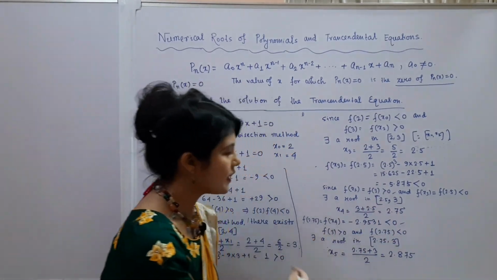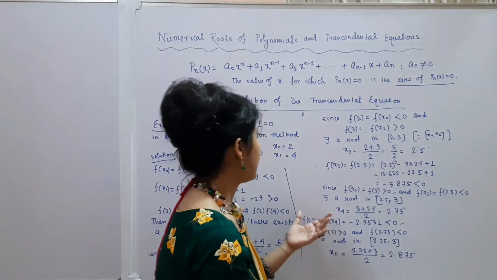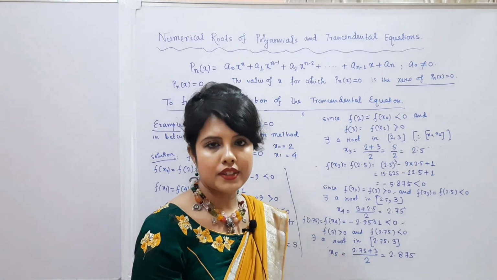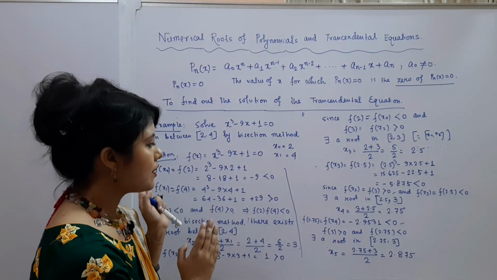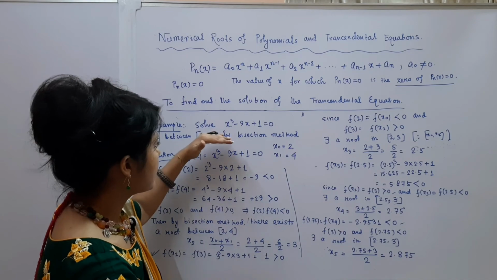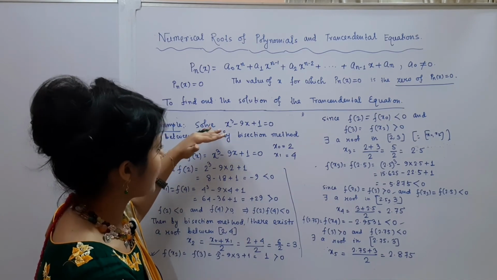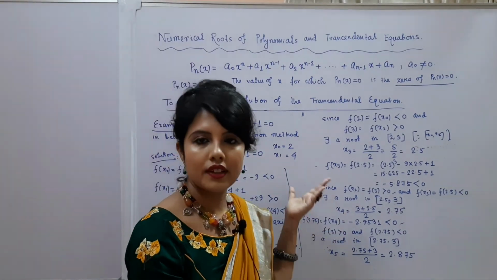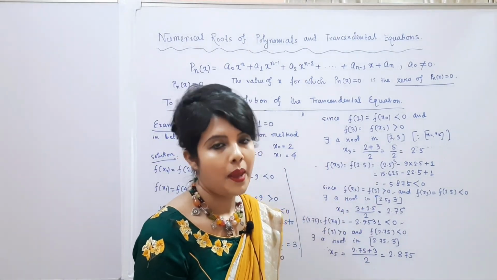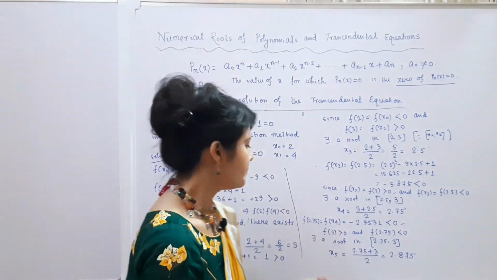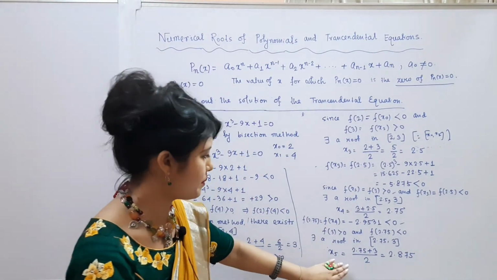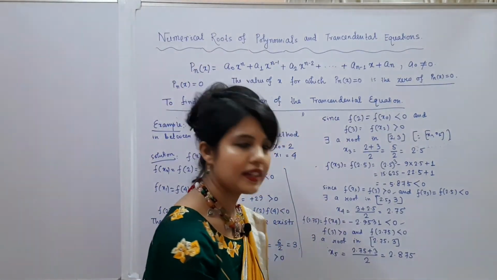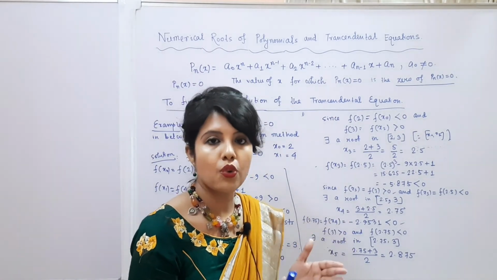I continue the process again and again, and in the question the number of steps should be mentioned, maybe up to 4 steps, maybe up to 5. Here I am taking up to x5. You can keep bisecting to get more appropriate roots.